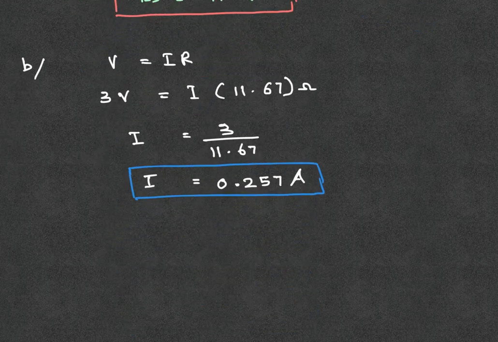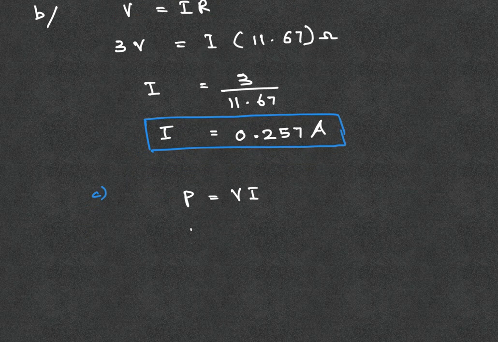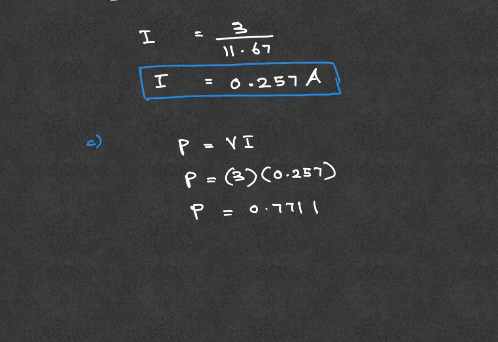I can use the first equation that we discussed for power. Power equals V times I. Now V is 3 and I is 0.257 amperes, and the answer, and the SI unit for this, is 0.77 watts.